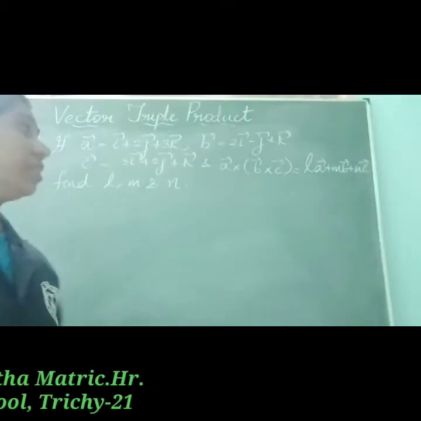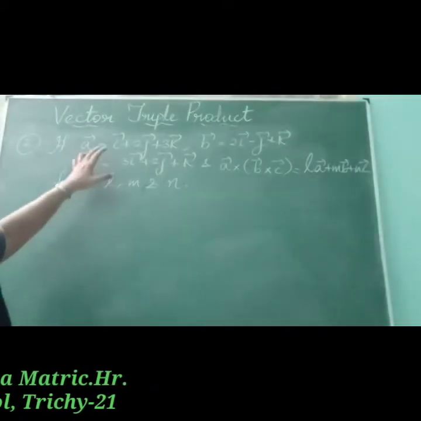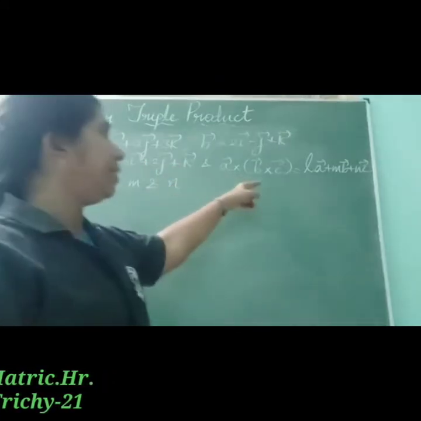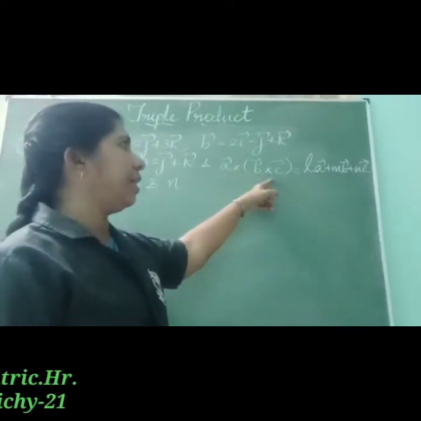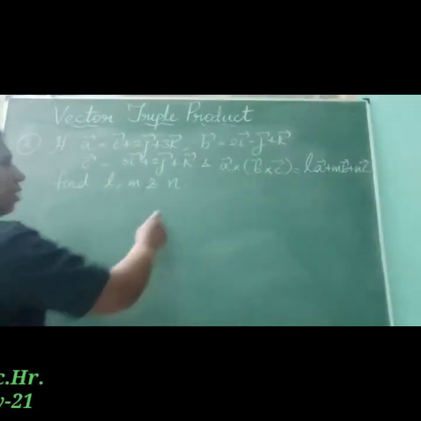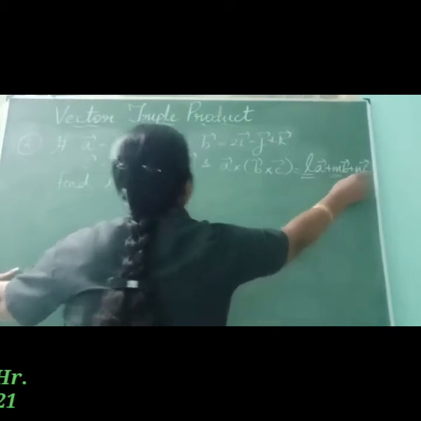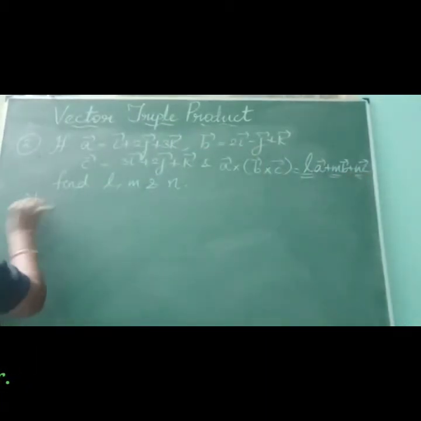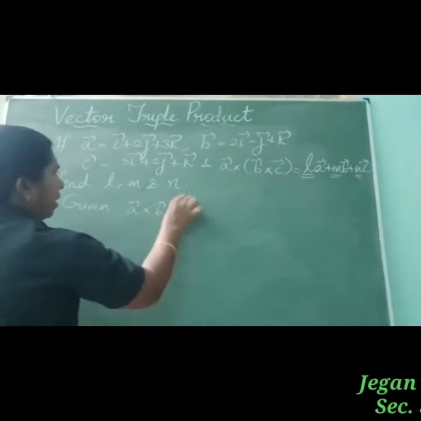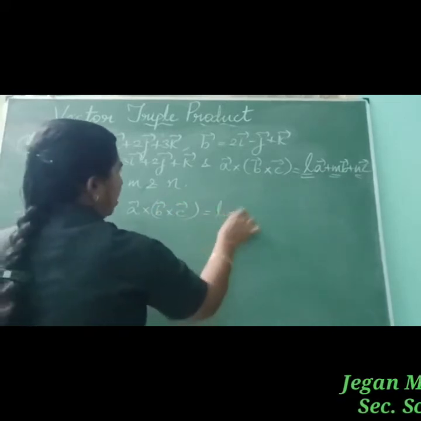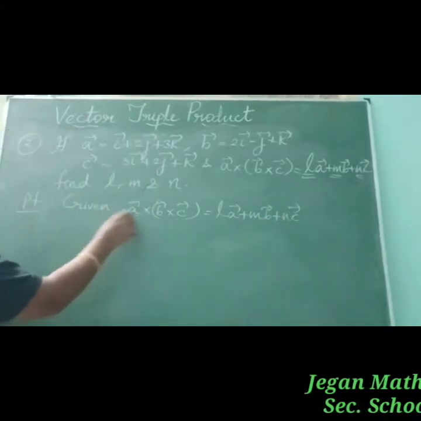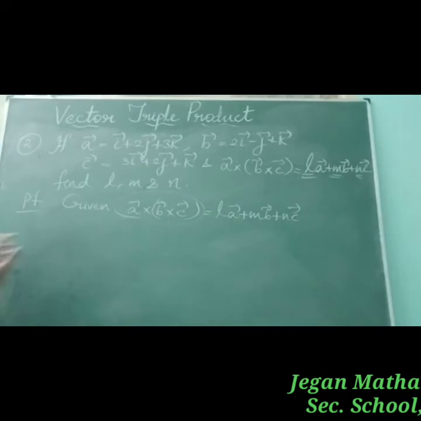Let us solve this sum by using the vector triple product. Here three vectors A, B, C are given. Also one condition is given, that is A cross B cross C is equal to LA plus MB plus NC vector. We want to find the unknown values L, M and N. By using the vector triple product, you can expand the left side.